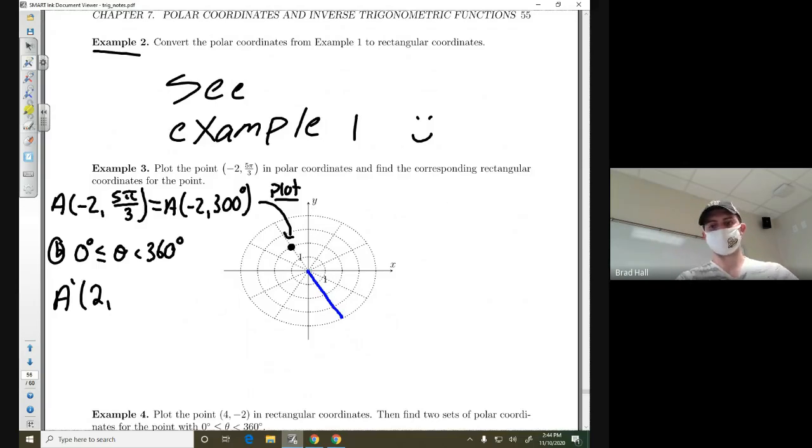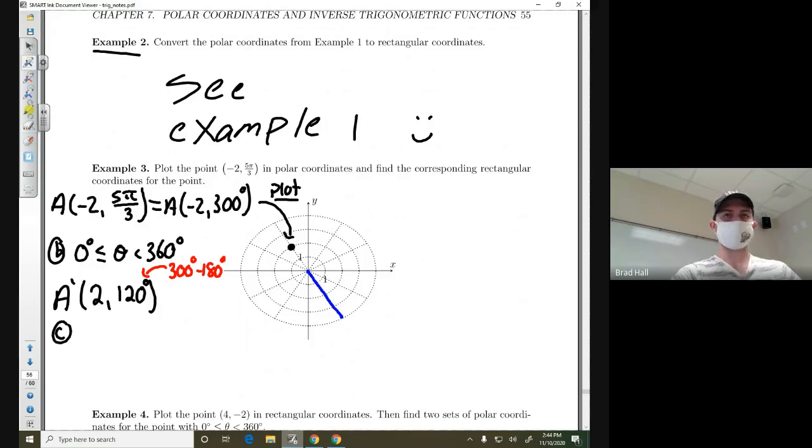And we just need to figure out whether to add 180 to 300 or subtract it to stay in that range. We're going to subtract it. So the 120 is simply 300 degrees minus 180. So again, this is just like problems 13 and 23.